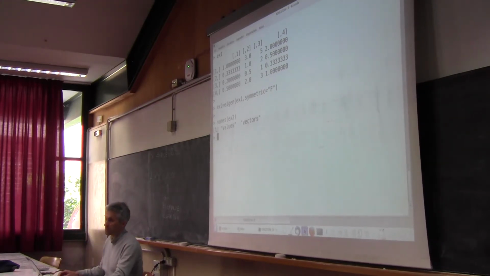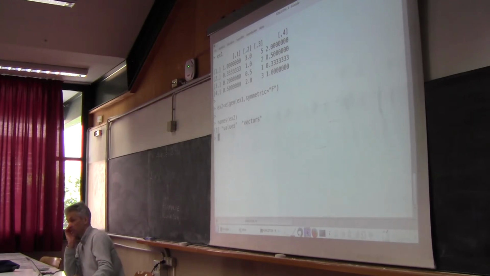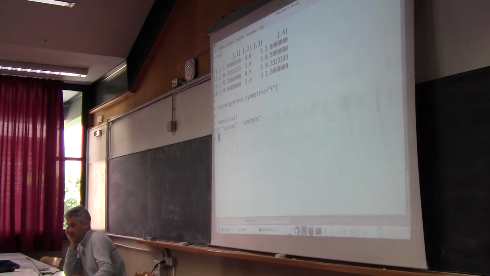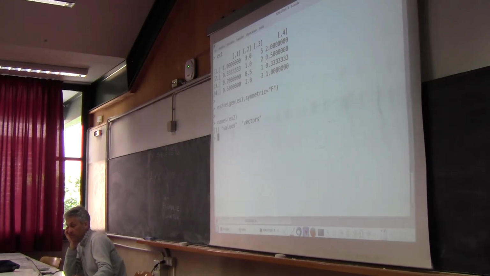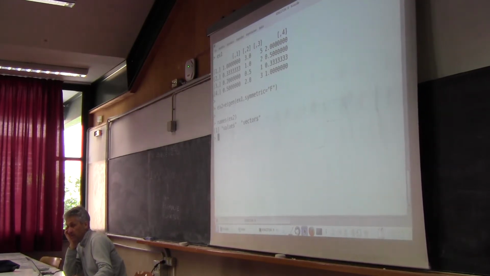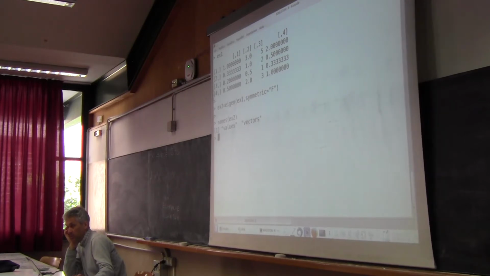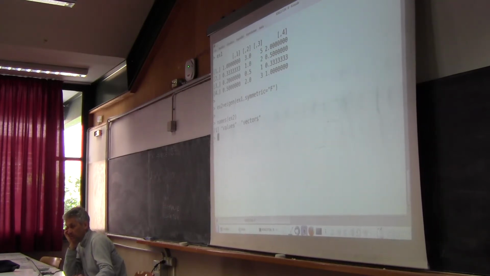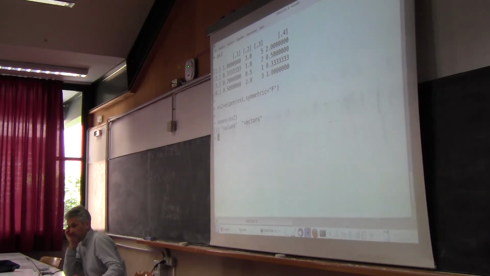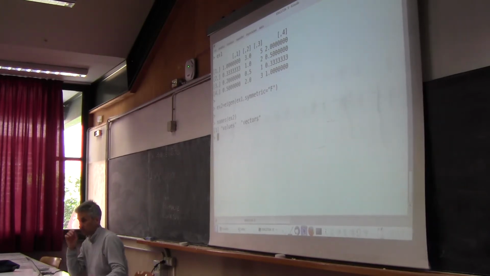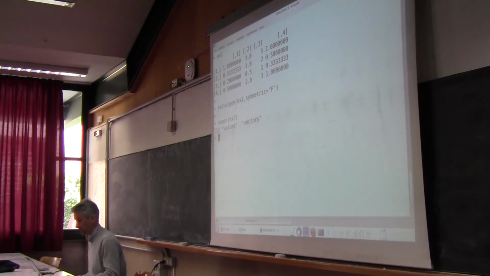And keep in mind that these are imaginary numbers, and therefore complex numbers, sorry. These are complex numbers, and therefore, in order to convert them to the real numbers that we need to use, we need to compute the module of these complex numbers.